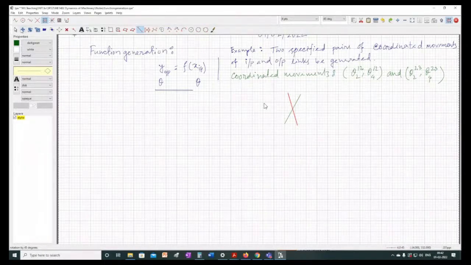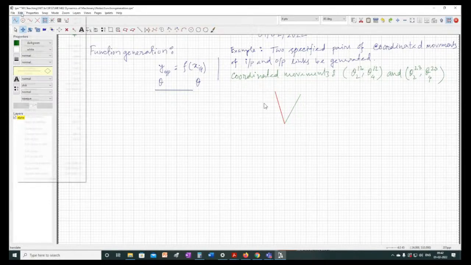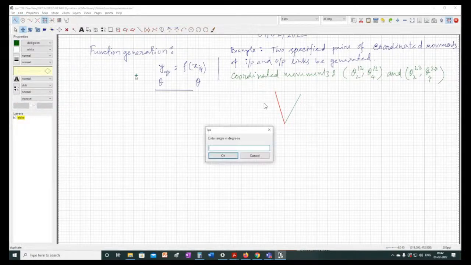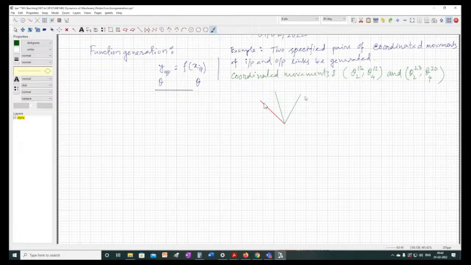Just remember, I will forget. So this crank is rotated by 45 degrees. It came to this position, and then it is rotated by 30 degrees, and it goes to this position. So it has started from this position.